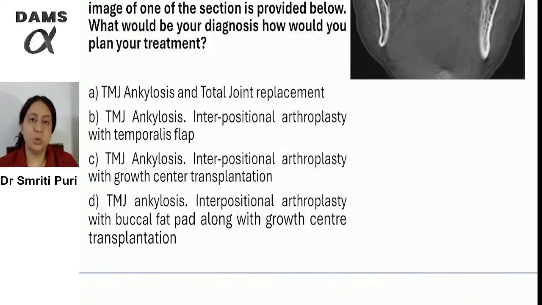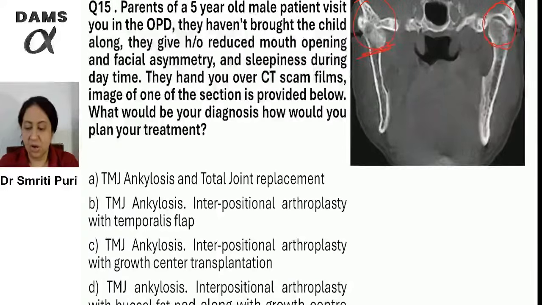A, TMJ ankylosis and total joint replacement. B, TMJ ankylosis and interpositional arthroplasty with temporalis flap. C, TMJ ankylosis, interpositional arthroplasty with growth center transplantation. D, TMJ ankylosis, interpositional arthroplasty with buccal fat pad along with growth center. So in a 5-year-old boy, you have to restore the growth, and also make sure there is no re-ankylosis.